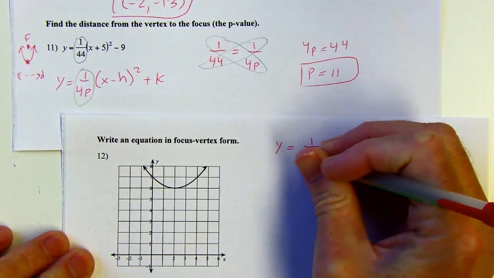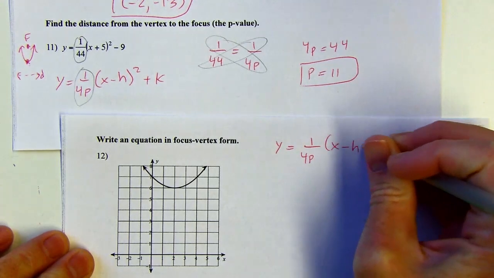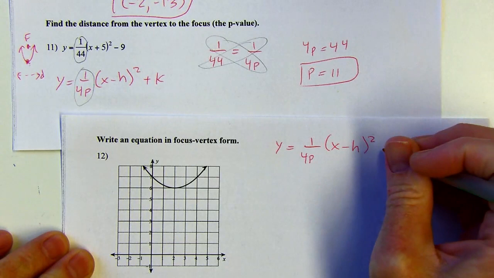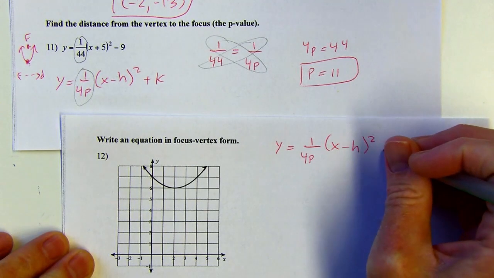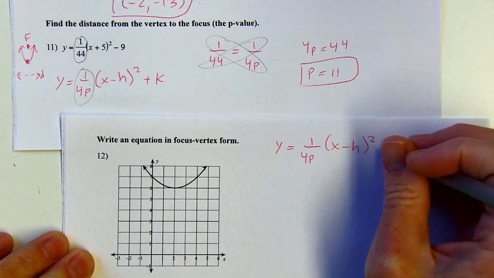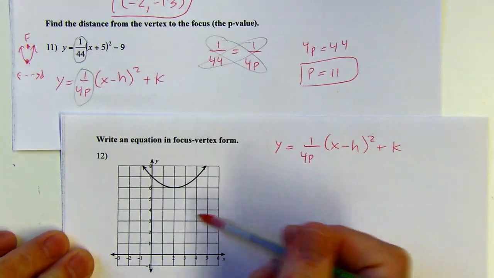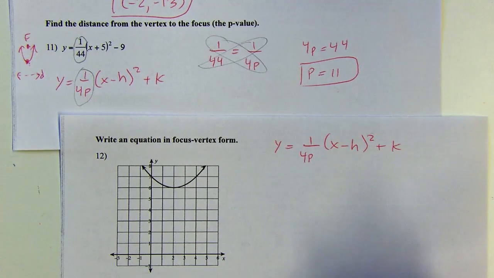I'm going to be plugging into this. And looking at this, I think I'm going to have to add this to the drawing. It should have either the focus or the vertex in the drawing.